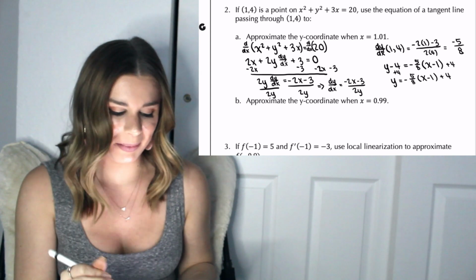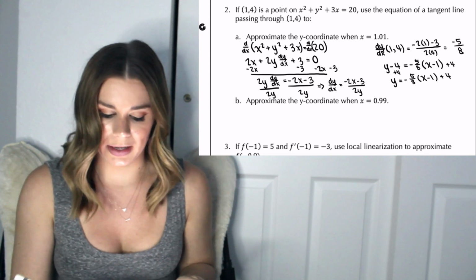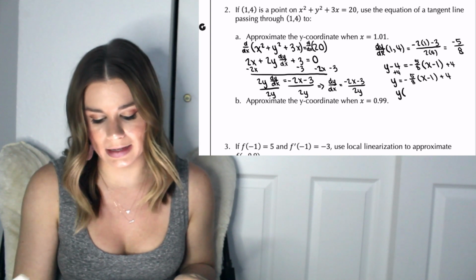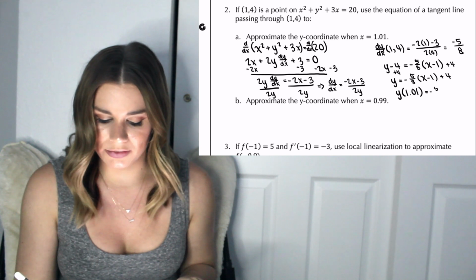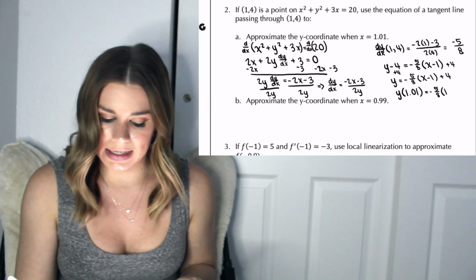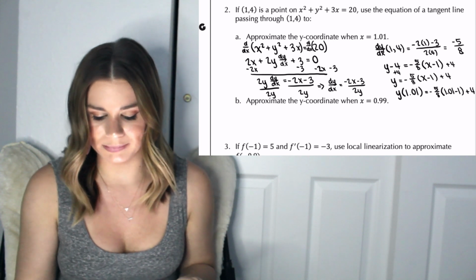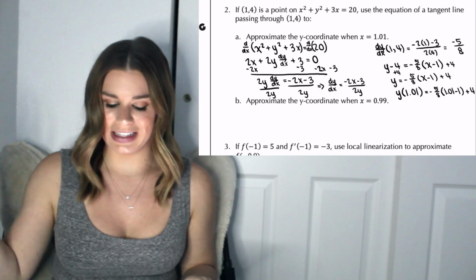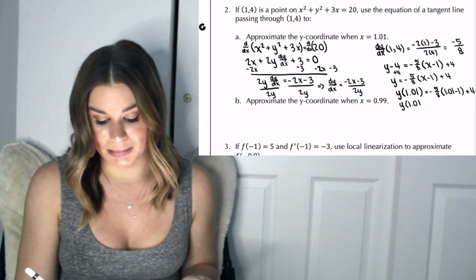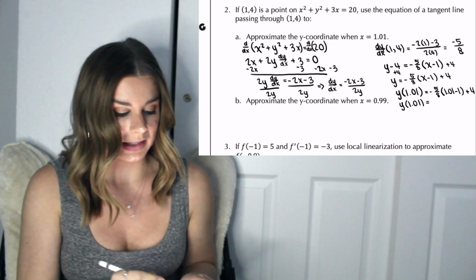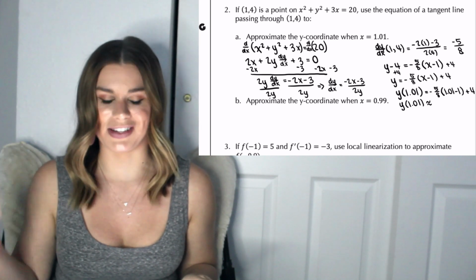Okay, so now we will plug in 1.01 for x. So we have y of 1.01 equals negative 5 over 8 times (1.01 minus 1) plus 4. Okay, so we could manipulate this and spend some time adding these numbers up, but let's go ahead and just use a calculator to approximate this.